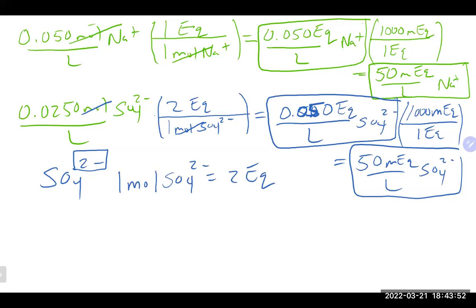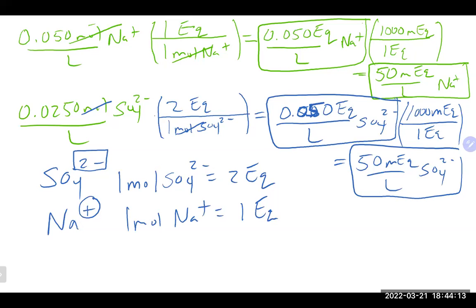And that's also where we got the 1 equivalent per mole for the sodium, because the sodium has, again, the plus really doesn't matter, but the charge is 1. And 1 mole of sodium ions would basically give you 1 equivalent of charge coming into that solution.